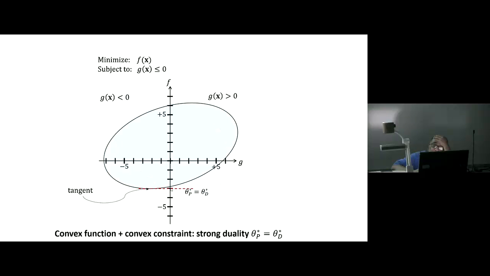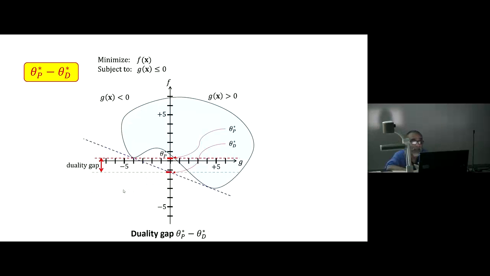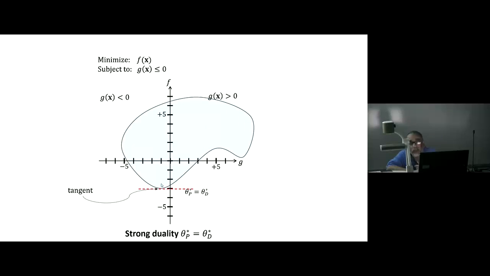So in these previous cases, g was strictly less than 0 at the saddle point, and lambda was equal to 0. Okay, so lambda was equal to 0 and g was less than 0.